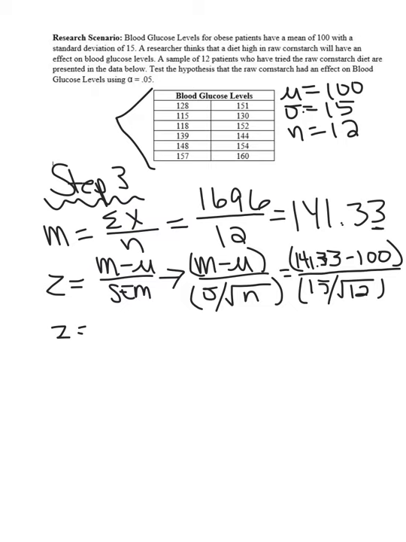So I do a parenthesis, 141.33 minus 100, close my parenthesis, divided by, and then another parenthesis, 15 divided by the square root of 12, and then I close my parenthesis. And we got 9.54. Now this is extremely high, extremely high.